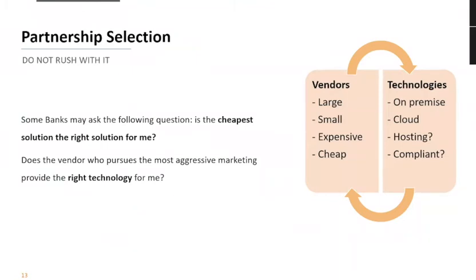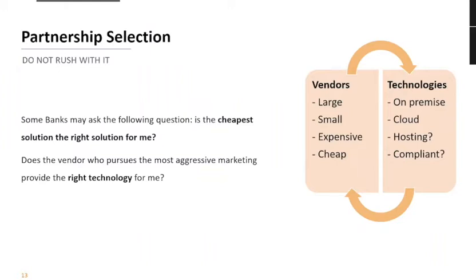There are actually many vendors in the market, right? There are large ones, small ones, there are expensive services, there are cheap services. Vendors are also offering technologies, on-premise, cloud, hosting is a question, and whether they are compliant or not compliant or partially compliant.